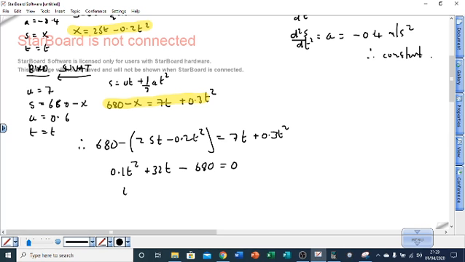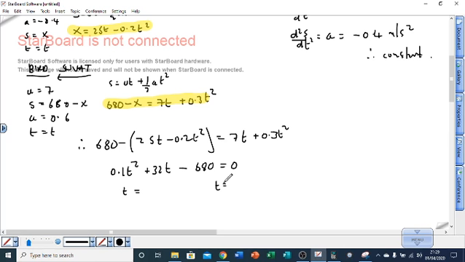So solving the quadratic equation for t using the calculator or the quadratic formula, I'm just about to use the calculator. I can't do it on the computer. It's a polynomial of degree 2. It is 0.1, equals, 32, equals, and negative 68, equals.